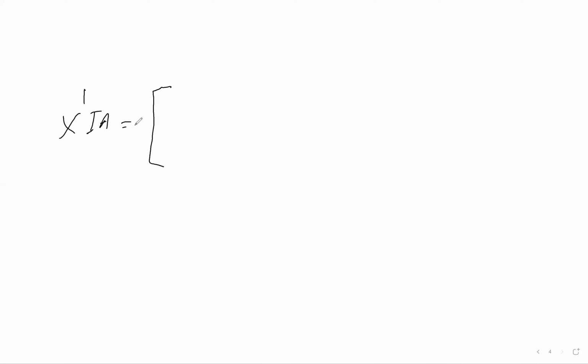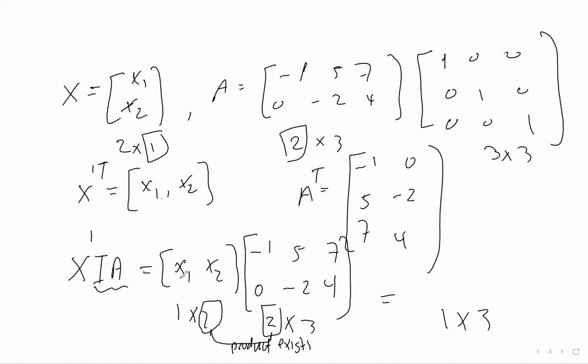on the next page, so we have -1, and then also we have 5x1, so we have column times row, and then x2 times 0. So x1 times -1, and then x2 times 0 is 0. So that's what we do.